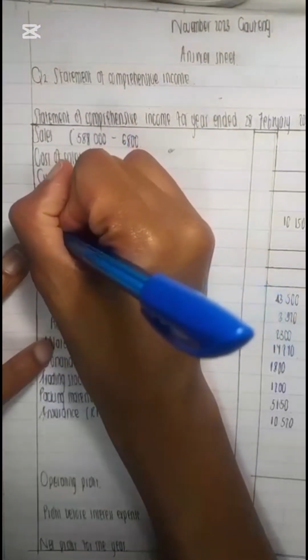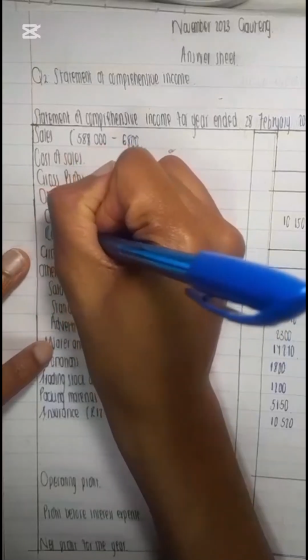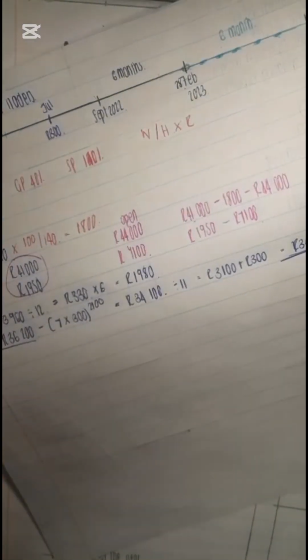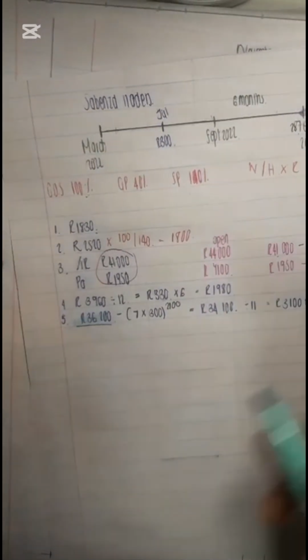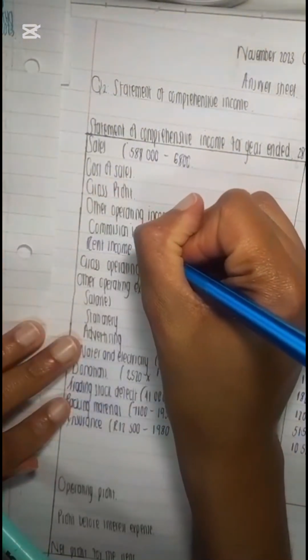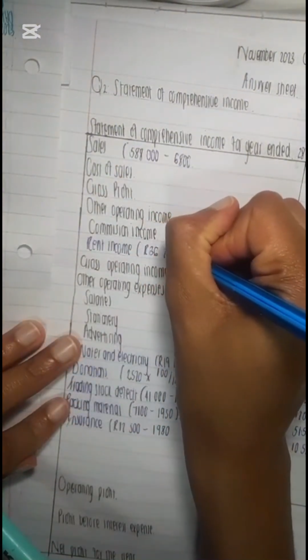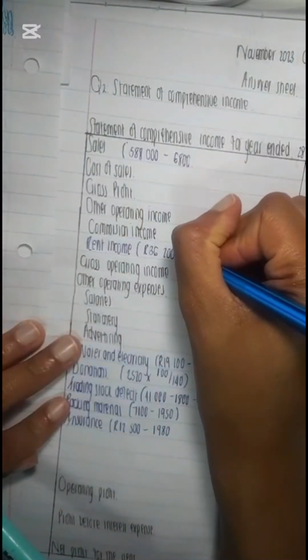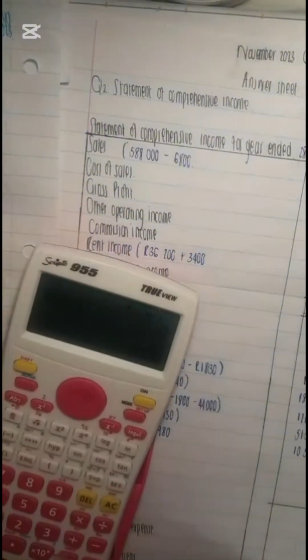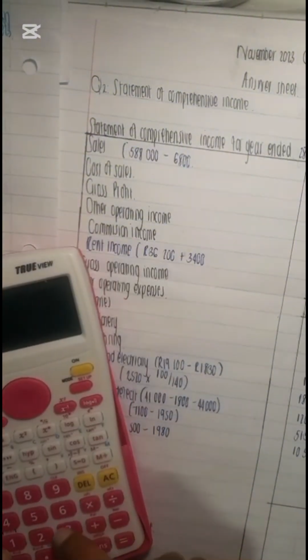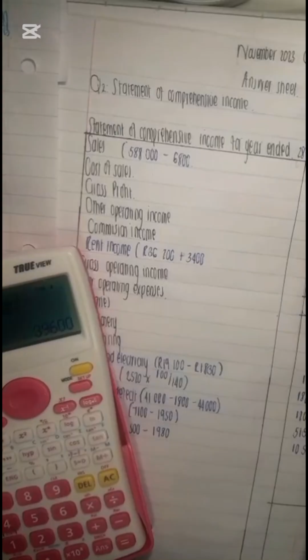So it's an income, and we'll see this amount plus this amount to get the total rent for the year. Don't be like me and write the currency, just write the amounts. And we get 39,600.